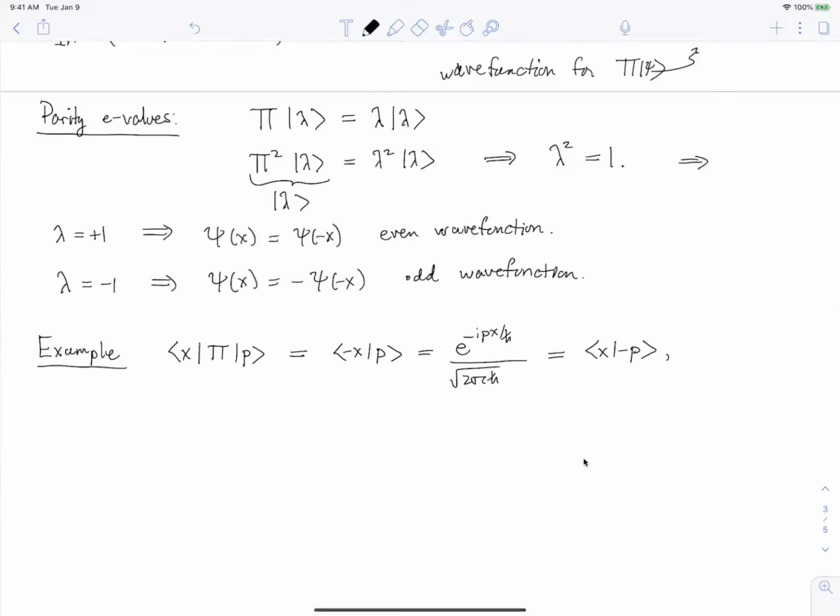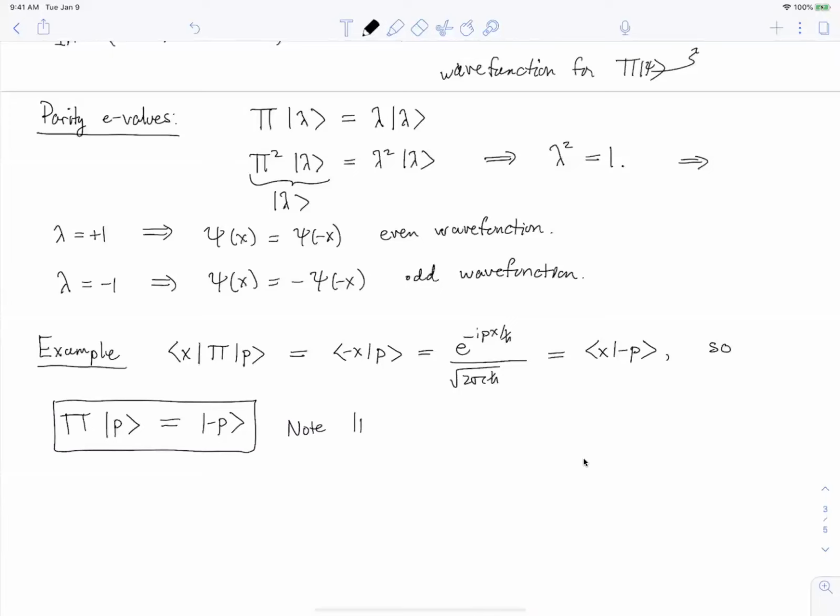Okay, and so what we've learned from that is that the parity operator acting on a momentum eigenstate gives you back the eigenstate of momentum with the opposite momentum, minus p. Okay, so that means that the momentum eigenstate is not an eigenstate of parity. If it was, it would have given us back a number times p, which is not the same thing as minus p. Okay, so momentum eigenstates are not eigenstates of parity.